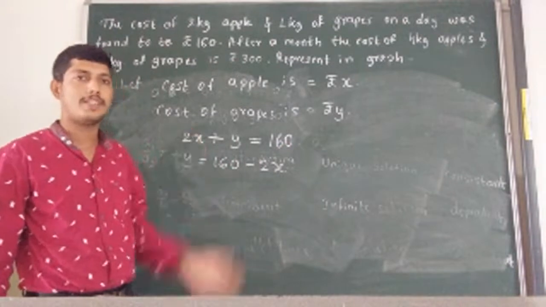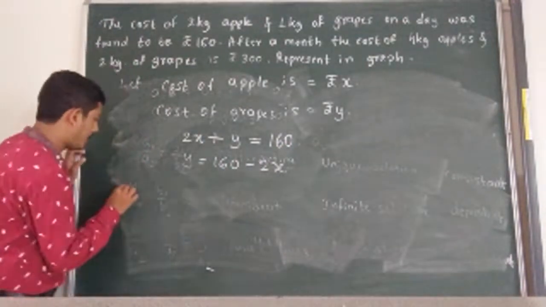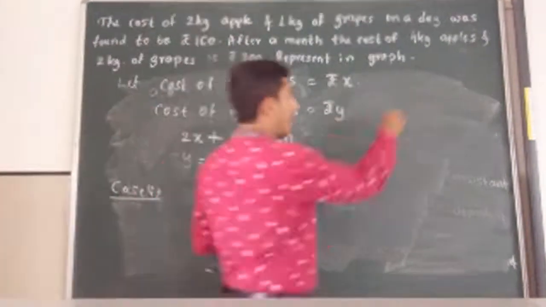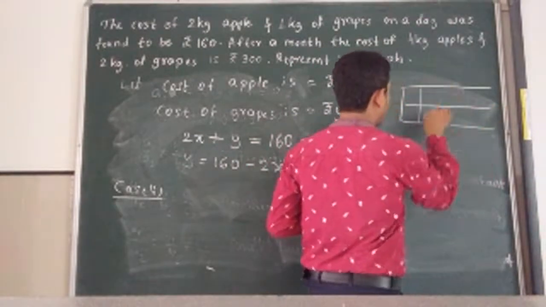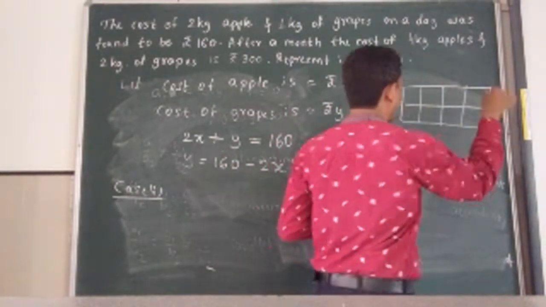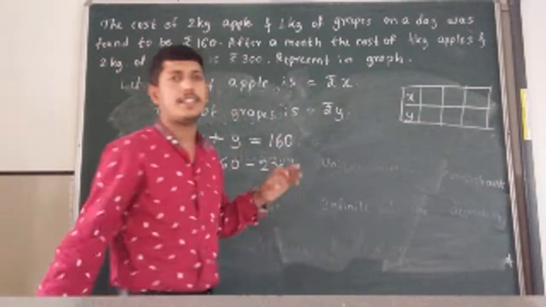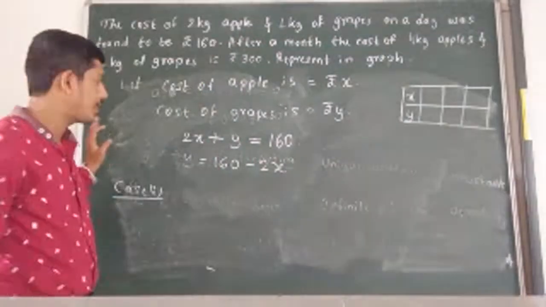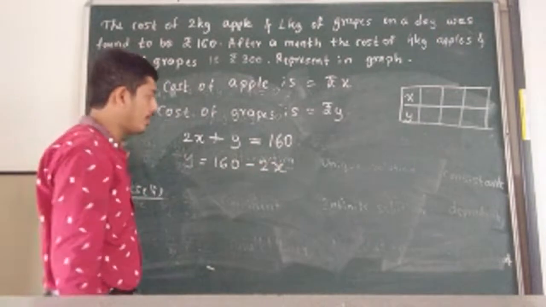Then I have to find case 1. So I will write the tabulation here, with x and y, and I will consider the x value and substitute for y.